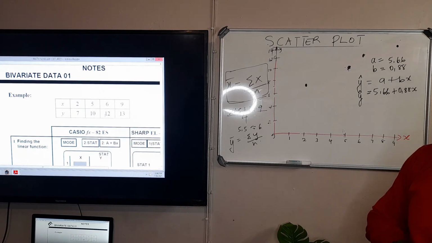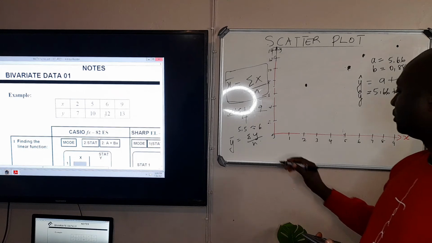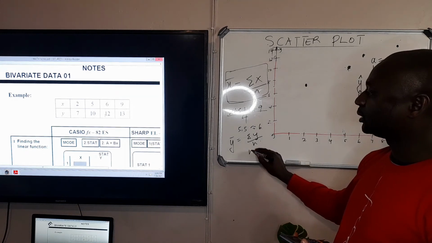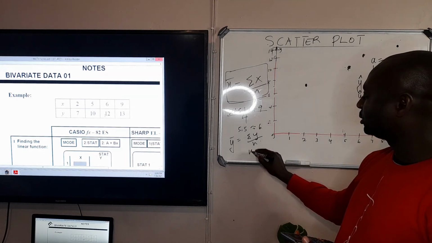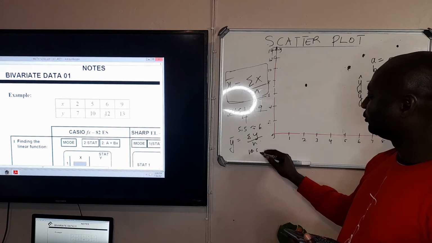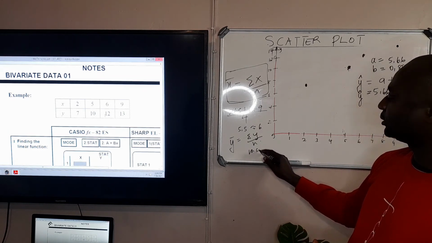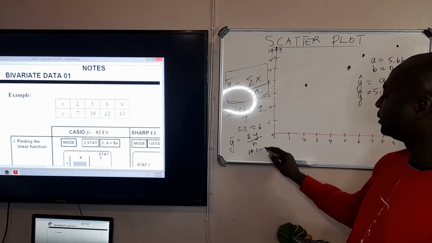Then you divide 42 by 4 also, and the answer is 10,5, and 10,5 will give us something around 11.